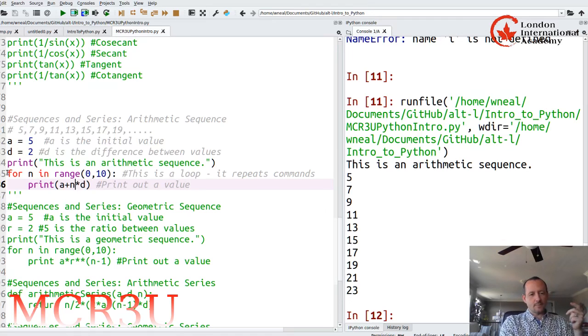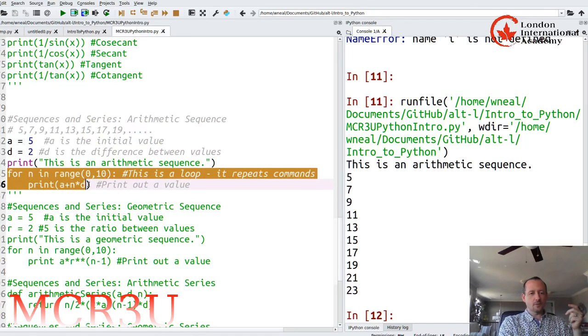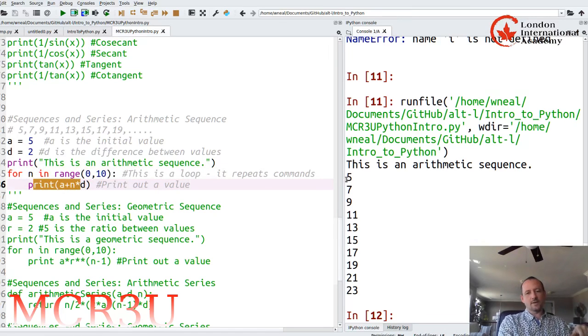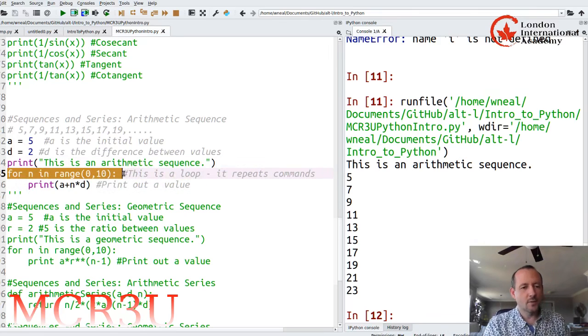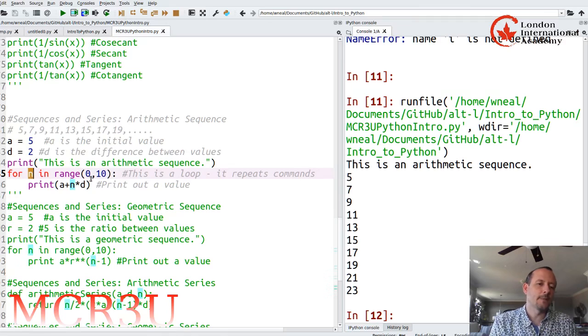So using very basic computer code, this is called a loop, and you can see other videos on loops and see how they work, but you see here it repeats the command. I only made one print statement, but look how many times it printed, because it's in a loop, and it repeats, but every time it repeats, the value of n is different. First, n is 0, so we have 5 plus 0 times d, which is 5.